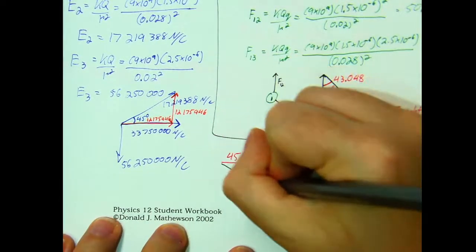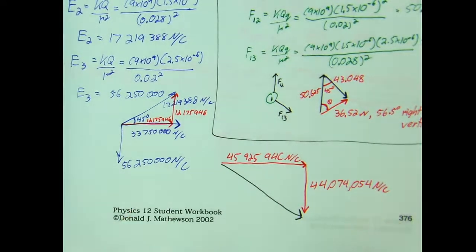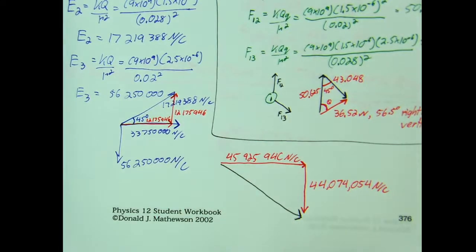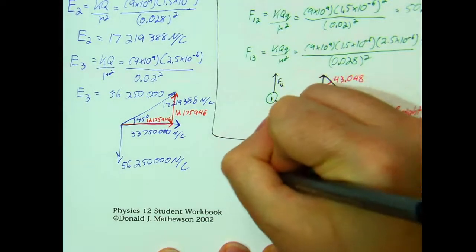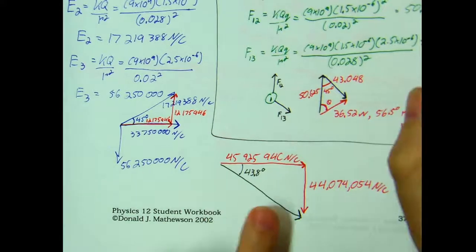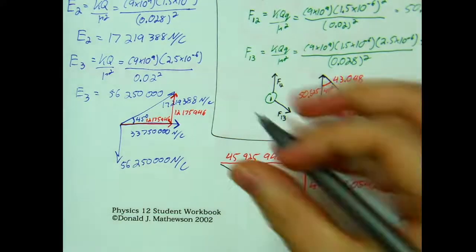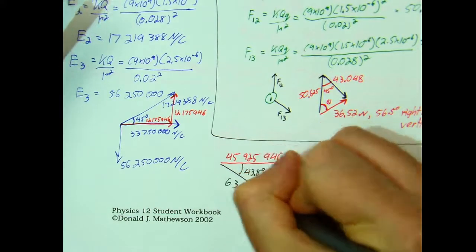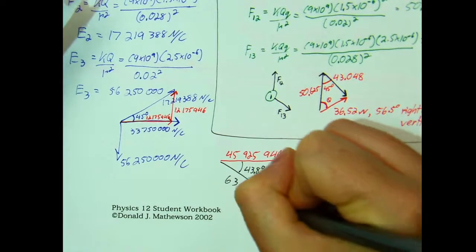So to actually find the magnitude and direction of our electric field at that point up there, we have to add these two vectors together like we do. I'll leave you to do the math. I found that this angle was 43.8 degrees, and the net electric field I found to be 63,653,081 newtons per coulomb.